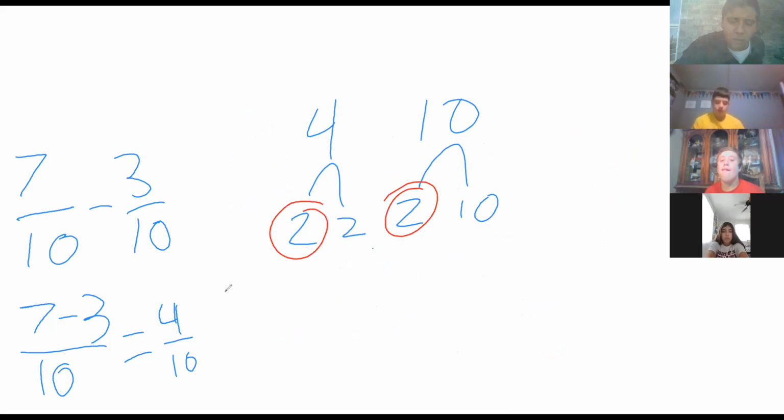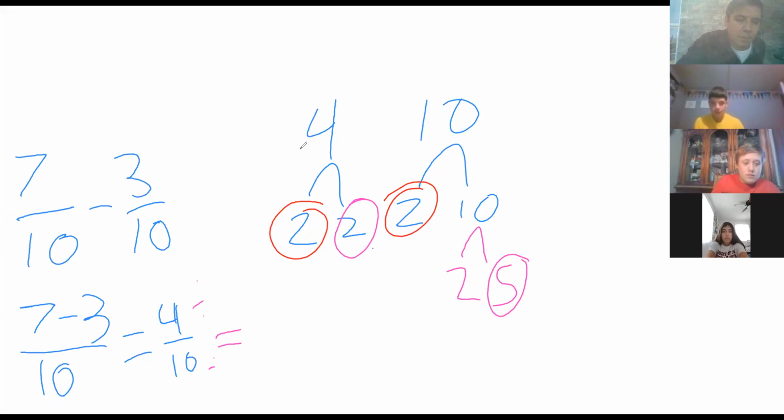Our factor there is 2, and what we're left over with is a 2 and a 5. Sorry, actually, I forgot to do that part. So we can divide by 2, and we have 2 and 5.